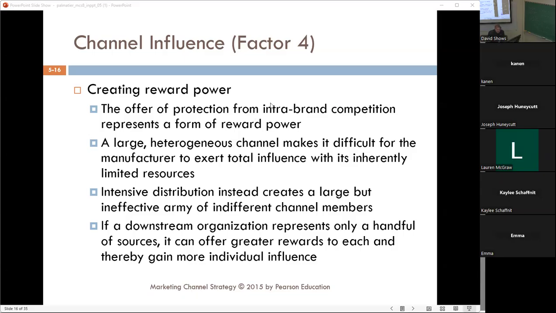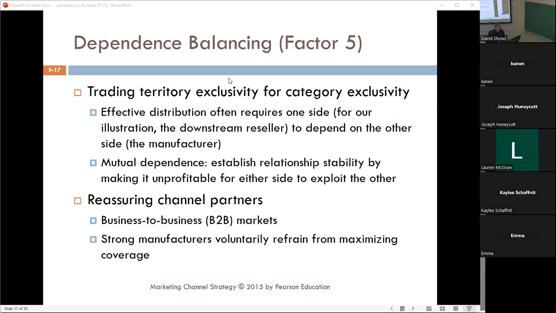Okay, channel influence number 4. Along with the balancing of power, the inverse of that is true, and that is balancing dependence. In channel environments, you have independent companies with their own mission statements and their own reasons for existence, but there has to be some effective way to create influence on each other because you need each other.